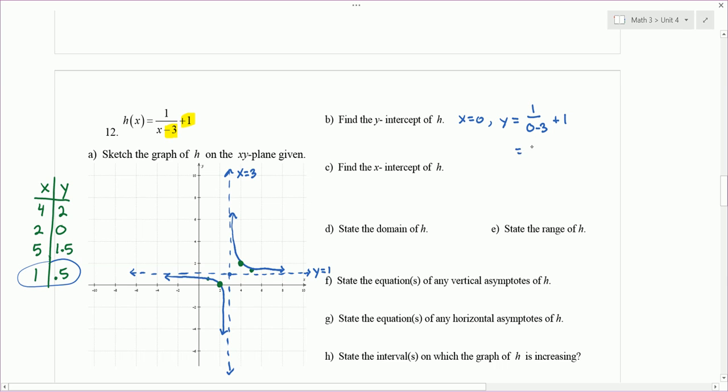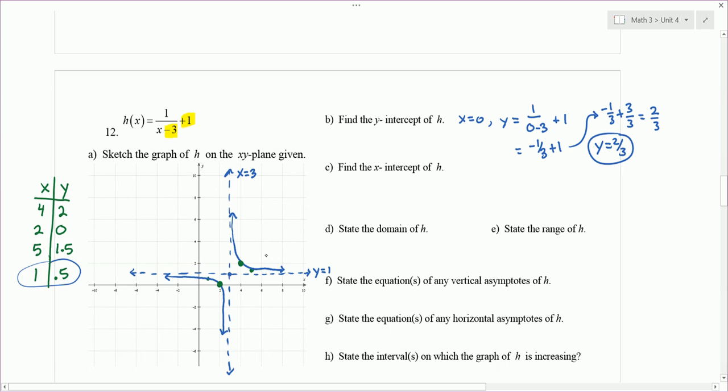That is -1/3 plus 1. Going to get a common denominator. So -1/3 plus 3 over 3. And -1 plus 3 is 2. So this is 2/3. That's my y-intercept. So y equals 2/3. And if you look at the graph, that's believable. It's between 0 and 1. Looks a little closer to 1. So 2/3 seems reasonable.